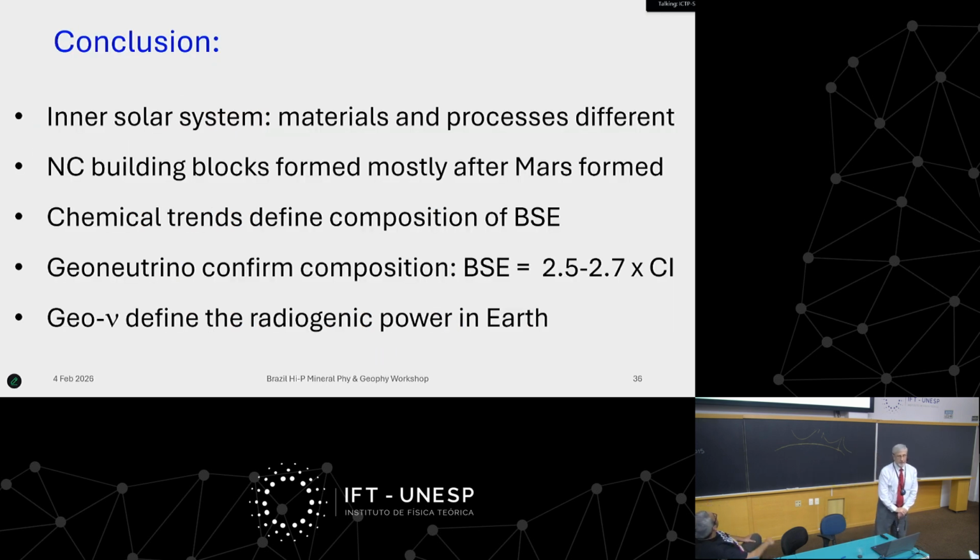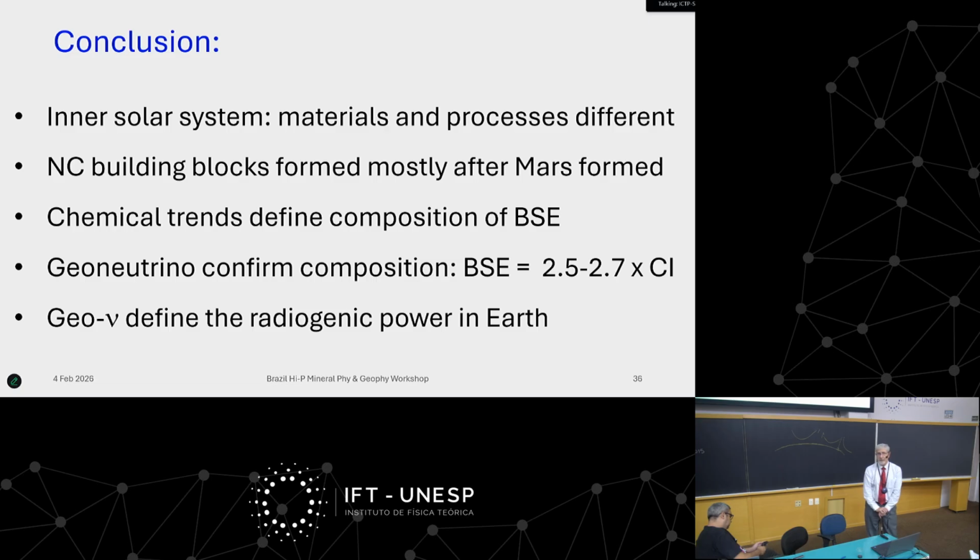The inner solar system is different from the outer solar system, and we have to be aware of biases that we have identified. But I think we're putting together a pretty coherent model for the Earth, and from that we can actually define its composition.